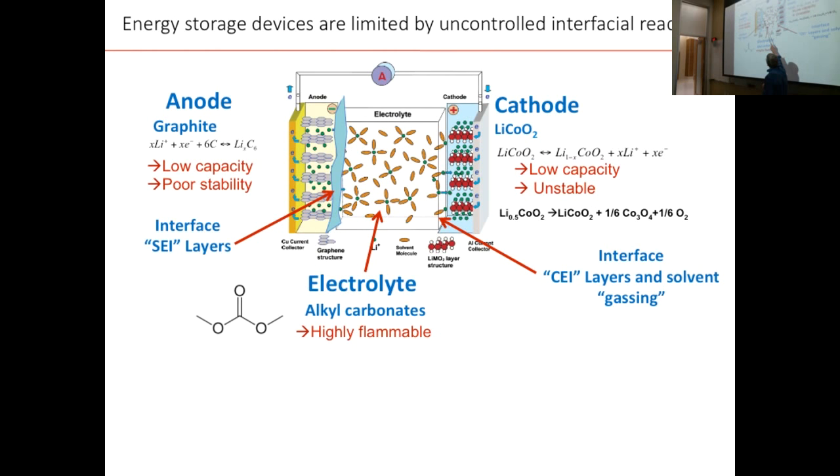But there's a problem: when you charge the battery and the lithium tries to go in between the sheets of graphite, it basically strips off some of the solvent, and that solvent reacts on the surface of the electrolyte and forms something called an SEI layer, solid electrolyte interface. Okay?